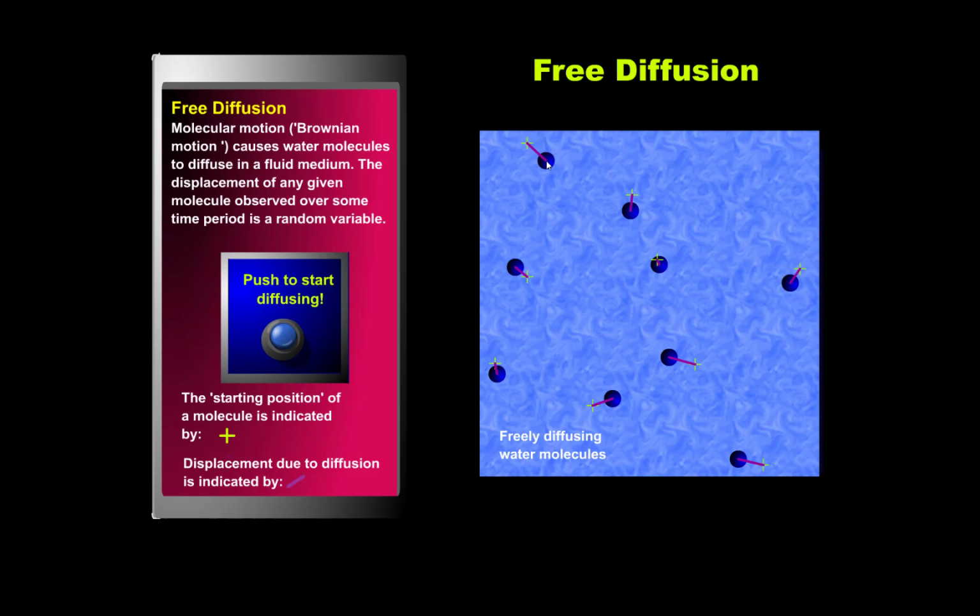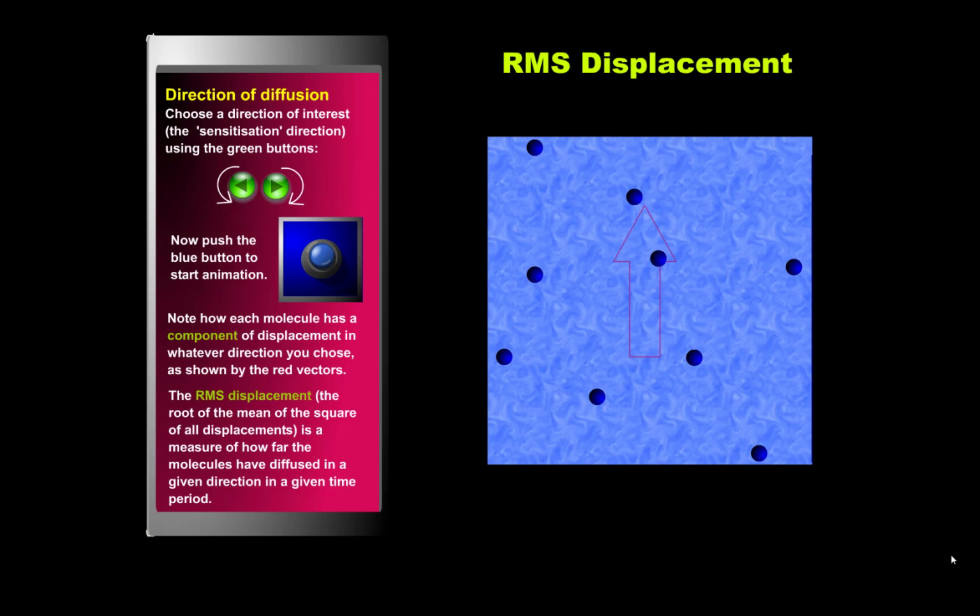Okay, so one way we could get a measure is consider, well, how far have the molecules moved? So we would think about the displacement, the length of these lines here. And if we're going to take that imaginary measurement of how far have the molecules moved or diffused, well, then obviously we need to say, well, what direction are we measuring the movement in? So let's say we take this direction as indicated by the arrow.